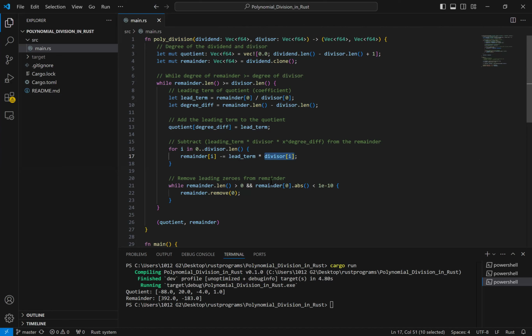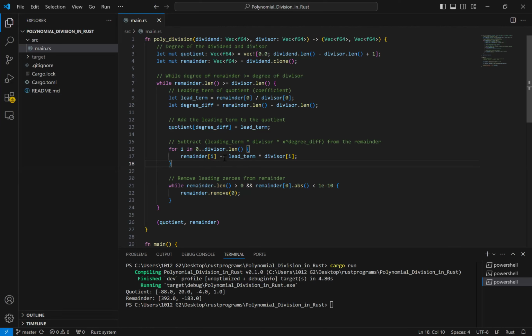For every i, it says for i in the range of 0 and the divisor. For i in that range, so i between 0 and the divisor, that means elements between that. So that's how it's getting the remainder.